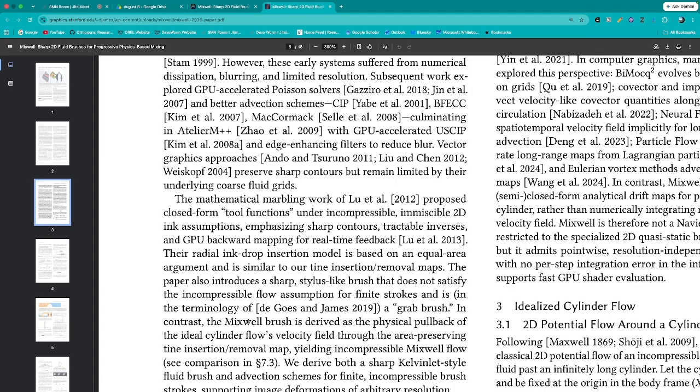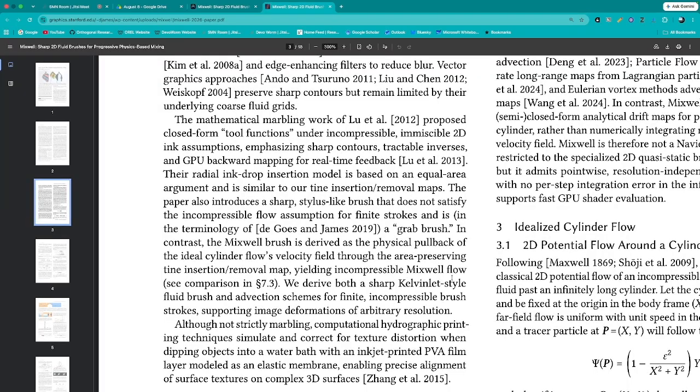So in contrast, the Mixwell brush is derived as the physical pullback of the ideal cylinder flow's velocity field through the area-preserving time insertion removal map, yielding incompressible Mixwell flow. And they compare that later in the paper. We derive both a sharp Kelvinlet-style fluid brush and an advection scheme for finite incompressible brush strokes, supporting image deformations of arbitrary resolution.